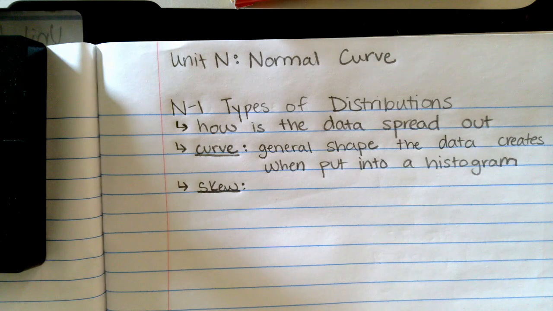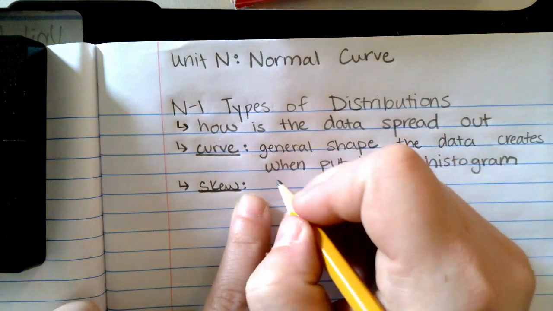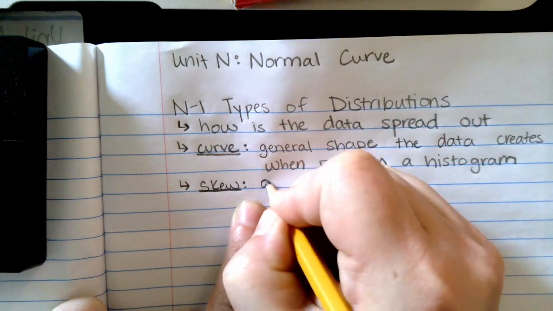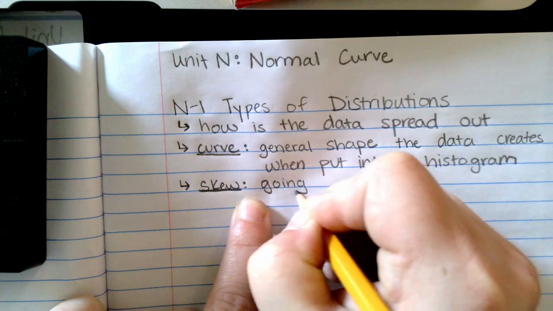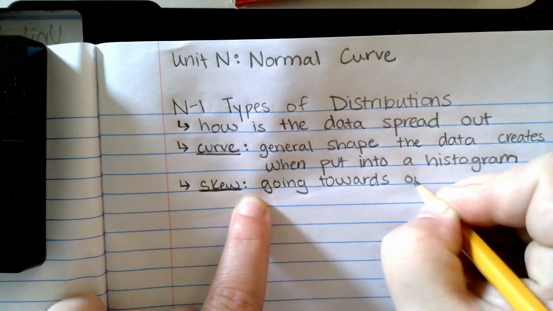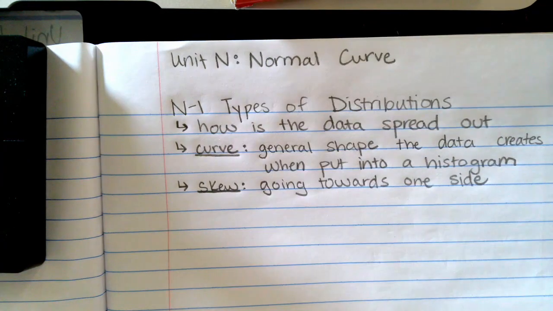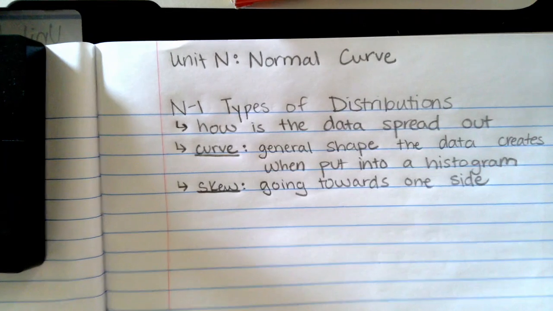If you walk into your room and something's askew, that means something's not quite right. So skew means to be off balance or going towards one side. Not centered.